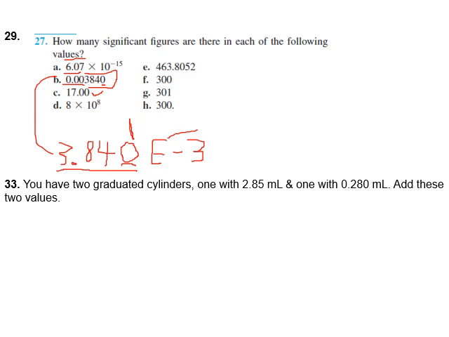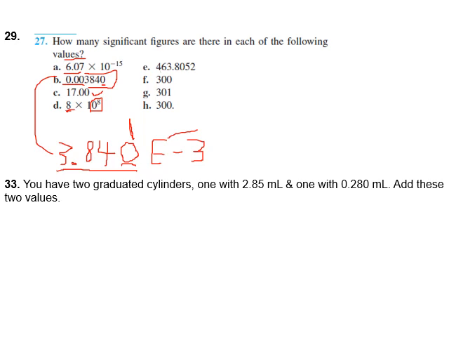So just remember, whenever you see zeros on the right side of the number, if it's on the right-hand side of the decimal place, then that means somebody put it in there intentionally. D is going to have how many? 1. So what they're trying to get you to do is look at that times 10 to the 8th and say, okay, 1 for the 8 here and 1 for the, 3 for that. No, it doesn't work that way. It's just 1. It's just the number in front, not the exponent.